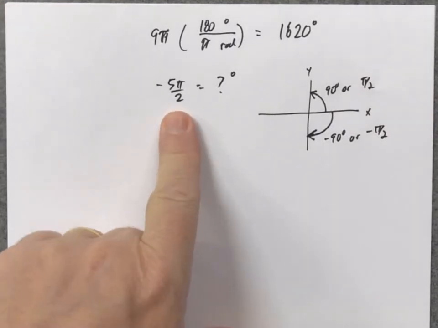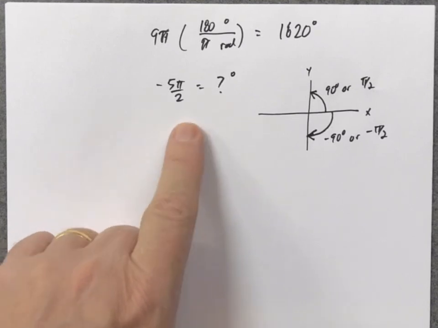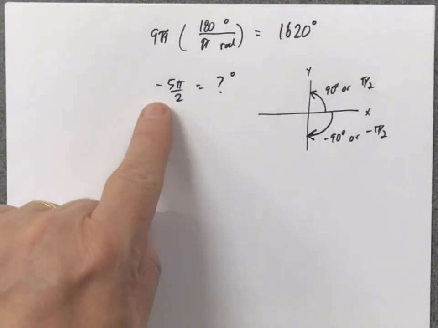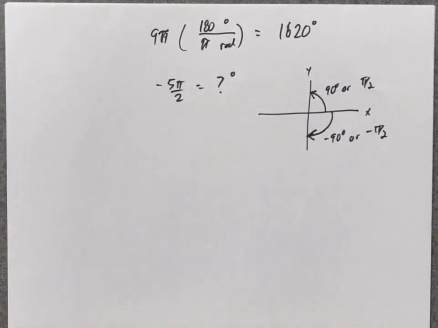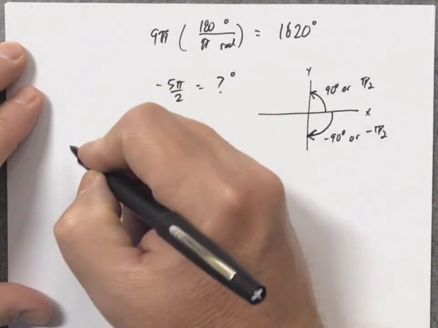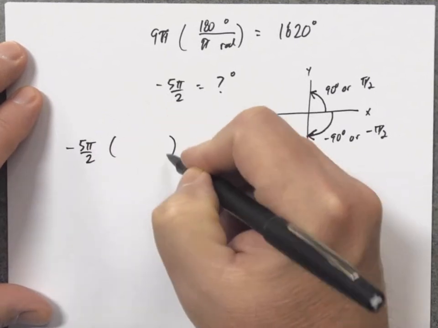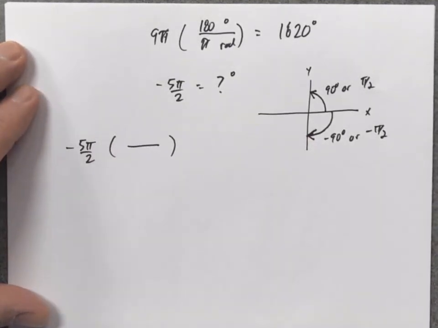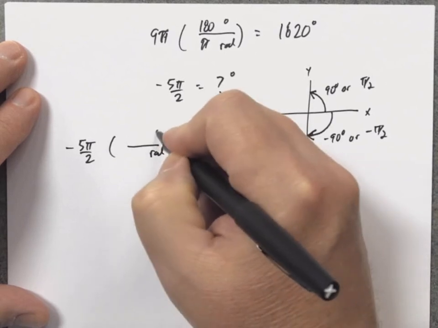So just so you know, we can go ahead and convert this angle in radians to degrees just mathematically. But once again, I wanted to take the chance to review for you quickly what it means when we have a negative angle. So let's go ahead and convert this negative 5 pi over 2 radians into degrees. So here's our unit fraction again. Start with radians, radians on the bottom, degrees on the top.